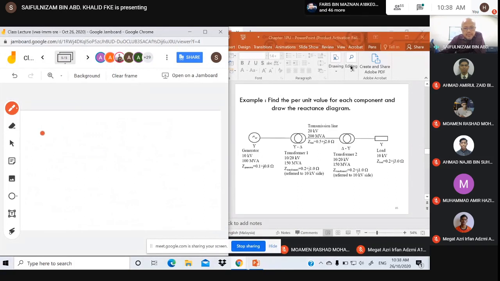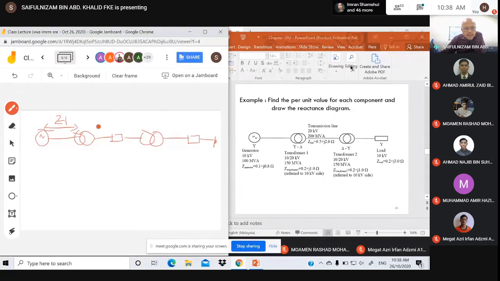Again, we have to find the new base voltage for each zone, as usual. So this is the first step, because we want to find the per unit, right? This is zone 1, Z1.